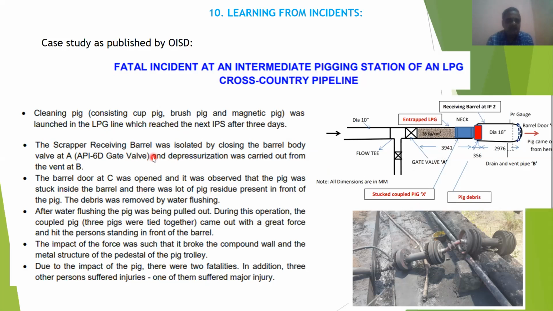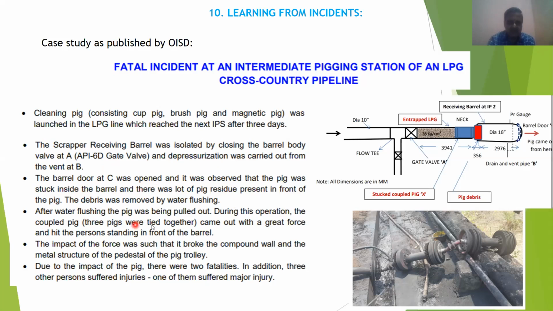The scraper receiving barrel was isolated by closing the barrel body wall at an API 6D gate valve, and depressurization was carried out from the vent at B. The barrel door at C was opened and it was observed that the pig was stuck inside the barrel. There was a lot of pig residue present in front of the pig. The debris was removed by water flushing. Understand?